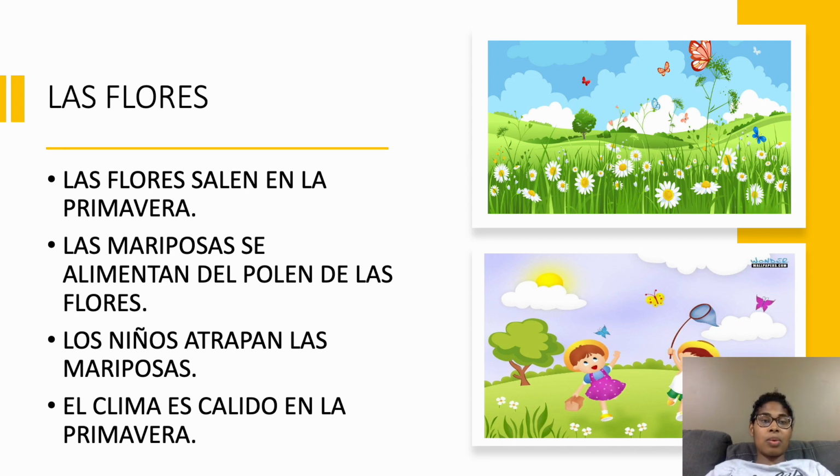And then you see the word pollen. You know, in English, pollen is pollen. So you can have a pretty good idea that I'm talking about butterflies and what they eat, or pollen in relation to them. So alimentan means feed. So butterflies eat from the pollen of the flowers. So again, I want you to start getting more comfortable guessing what a sentence could be about.